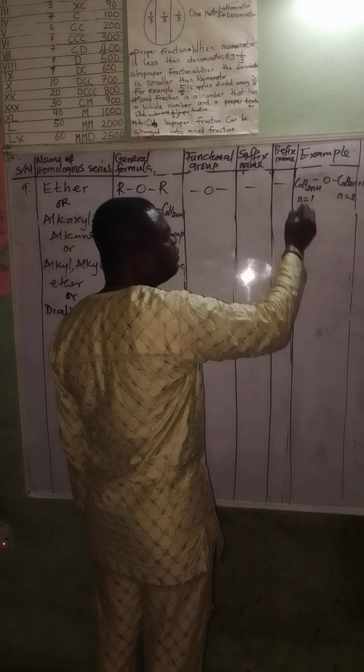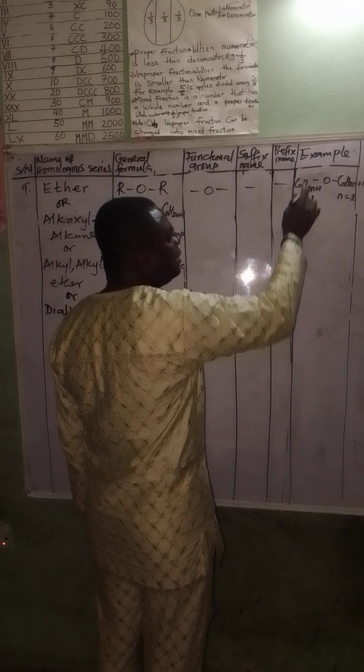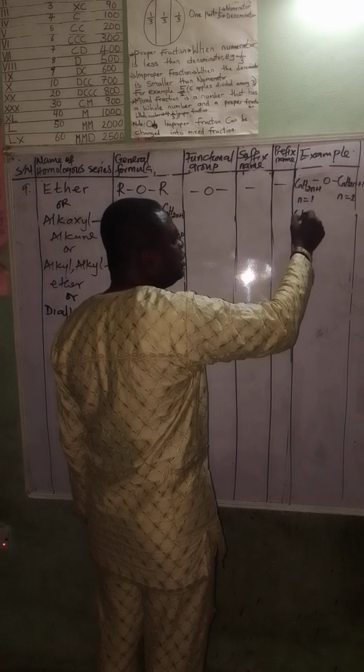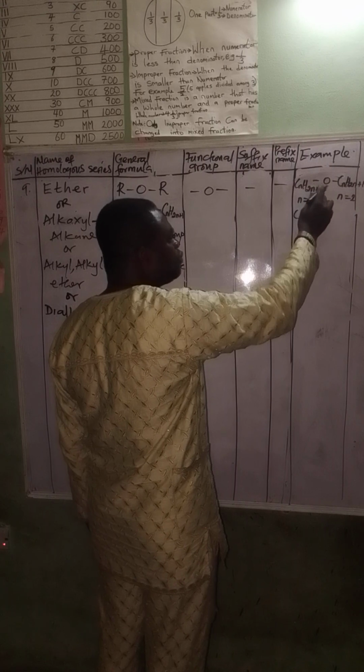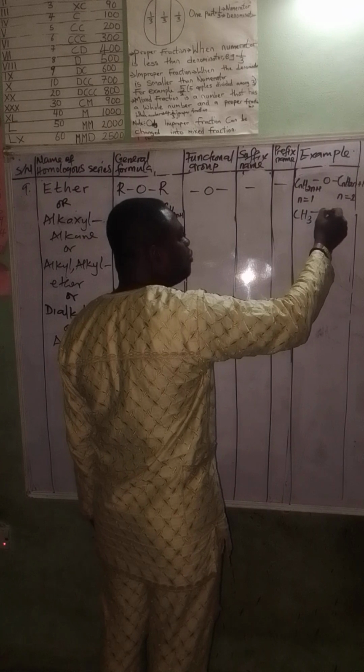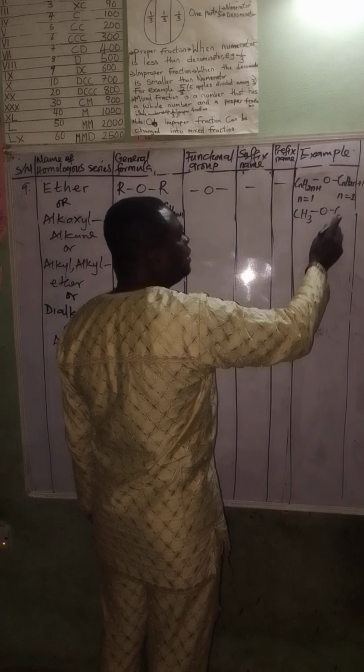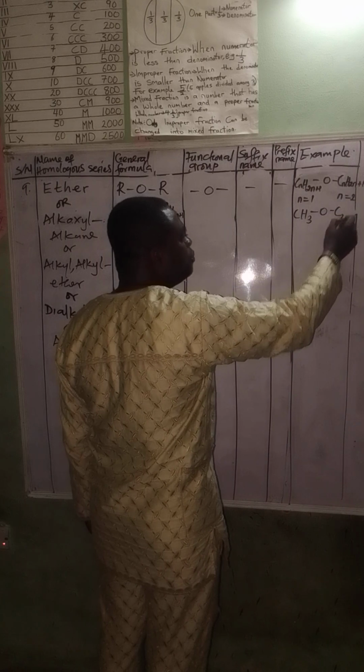Put 1 here, write the H, then 2 times 1 plus 1 is 3. Then put your bond and your functional group oxygen. Come here, write this carbon, put 2 instead of n, write the H back, then 2 times 2 plus 1 is 5.